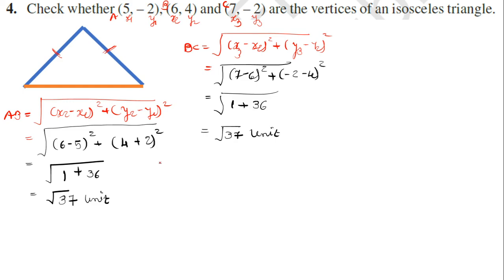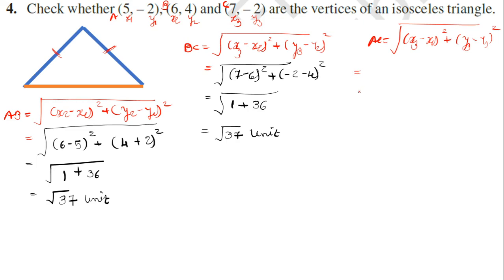Here I will write AC. The distance AC is equal to the root of x3 minus x1 whole square plus y3 minus y1 whole square.